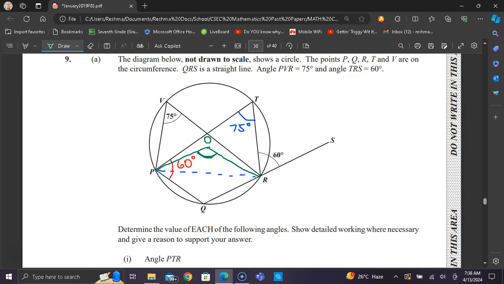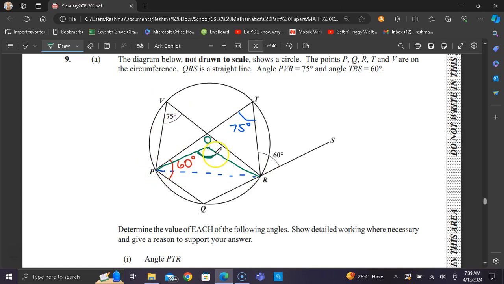In order to find this angle, there's a theorem that says the angle at the center of the circle is twice the angle at the circumference subtended by the same chord. Notice again, this angle POR and this angle PVR both share the same chord PR.